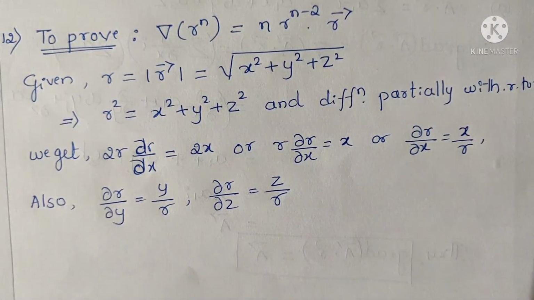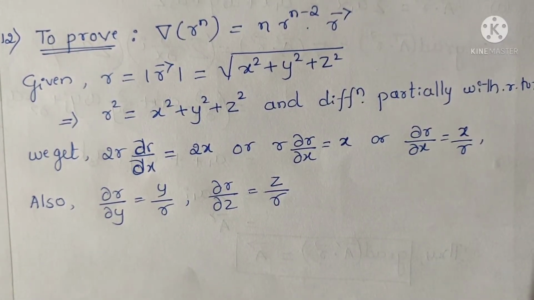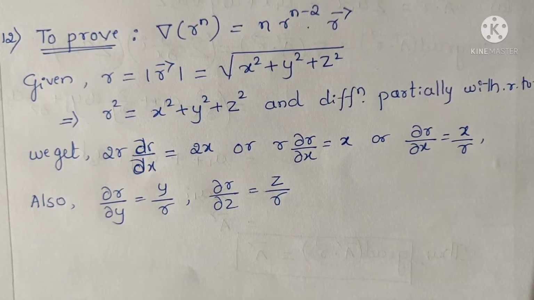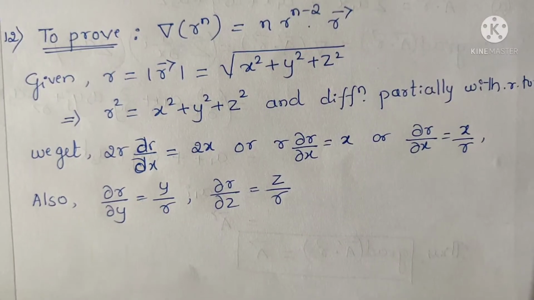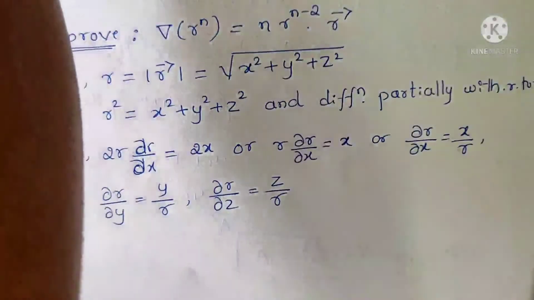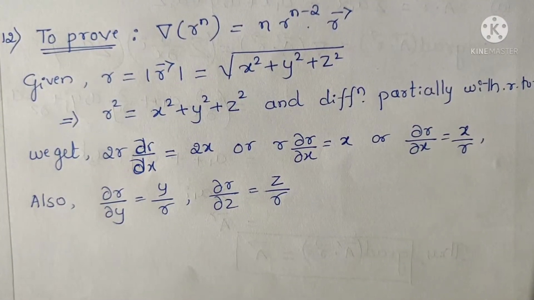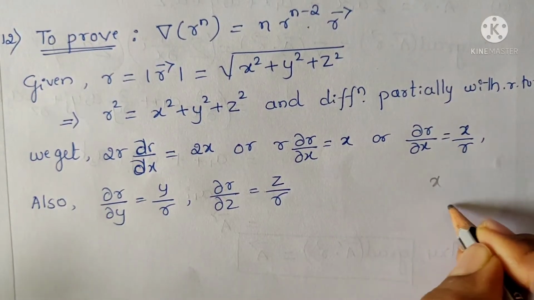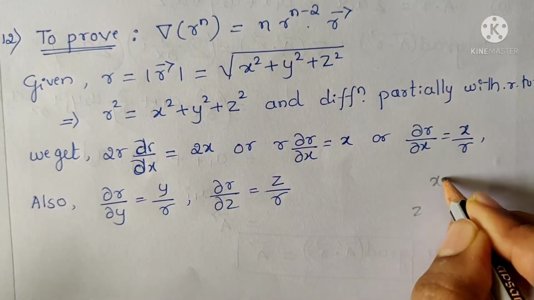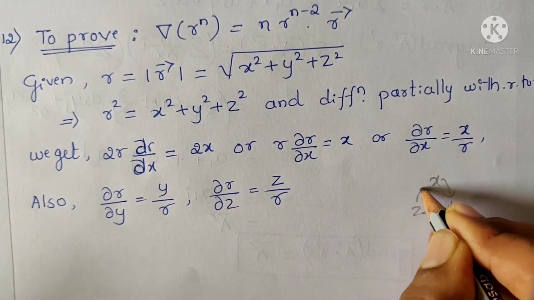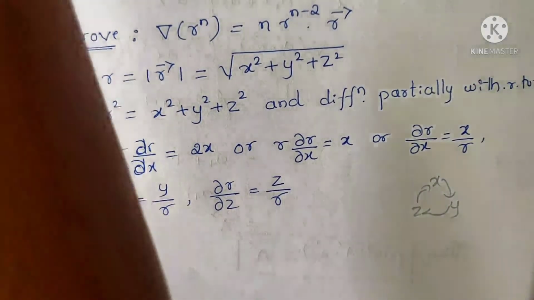No need to find them separately. Means differentiating partially with respect to y and z is not necessary since this is symmetrical. So these follow x, y, z, again like this rotation. I think I mentioned before. Still x, y, z, x to y, y to z, again z to x, like this.